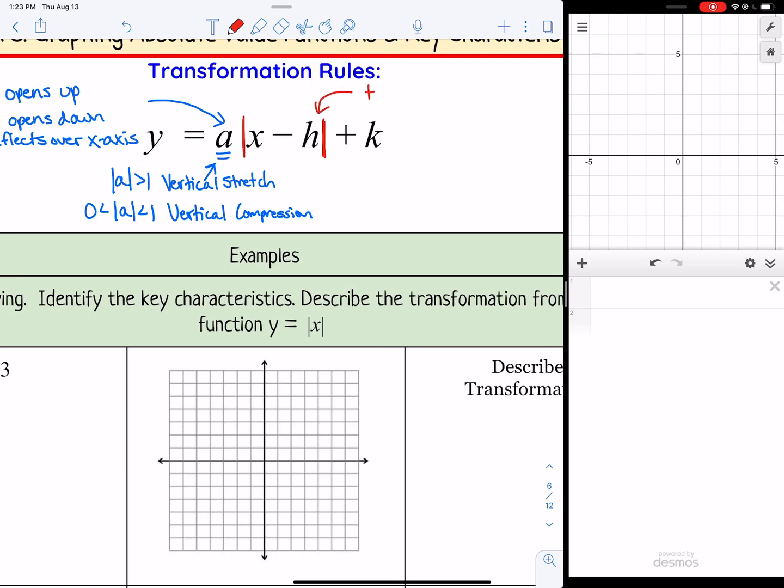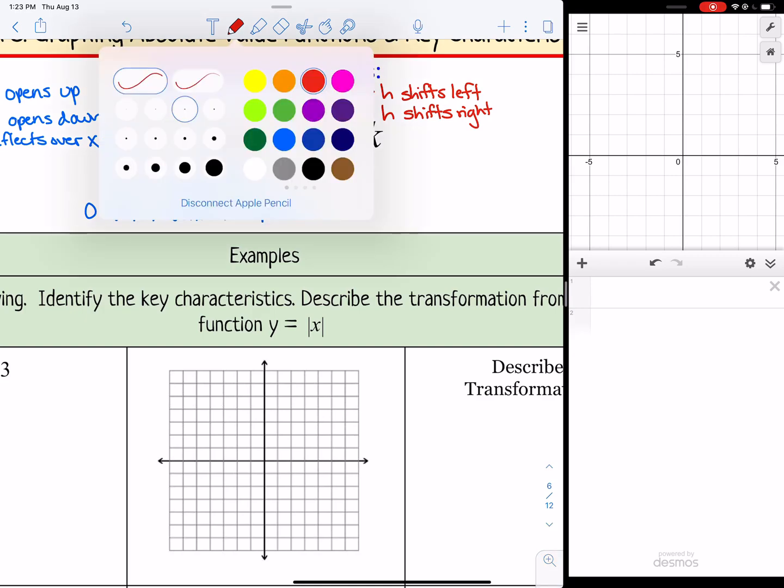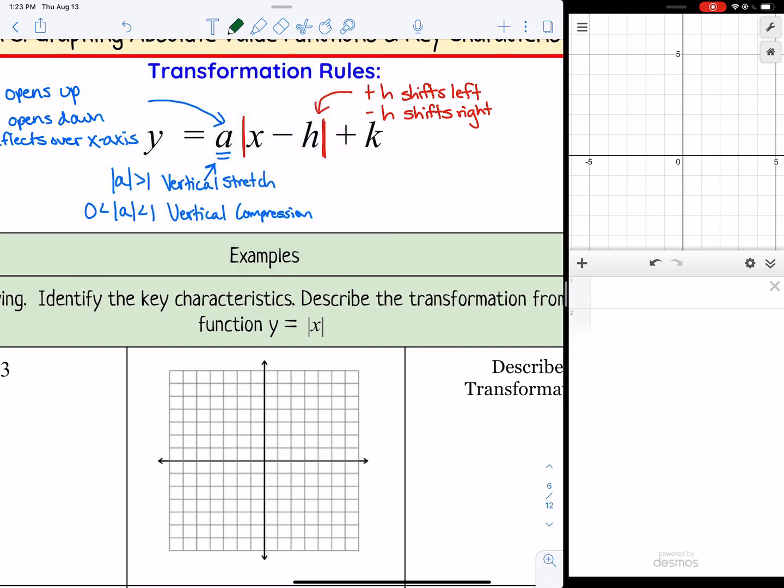So if you have a plus h, it actually makes your graph shift left. And if you have a negative h, it makes it shift right, by however many units the value of h is. So if it was minus 3, it would shift your graph right 3, for example. But we're going to look at some examples in just a minute to put all that together.